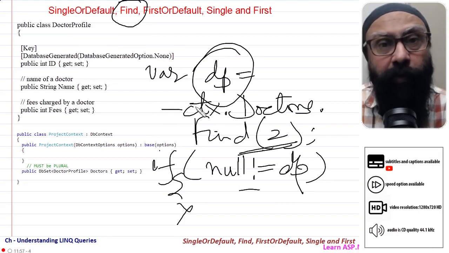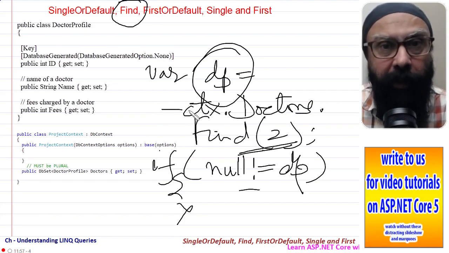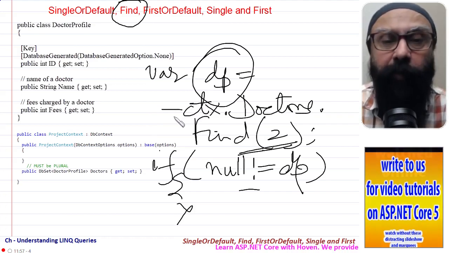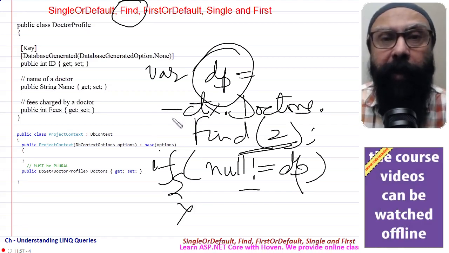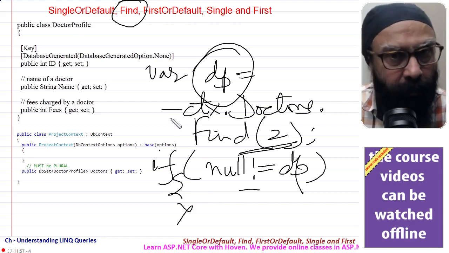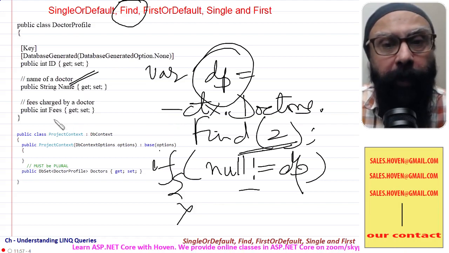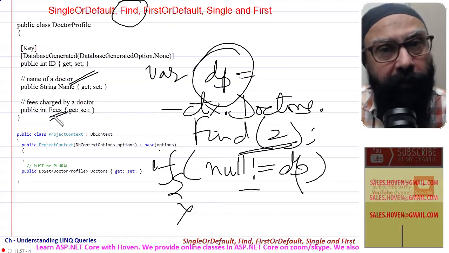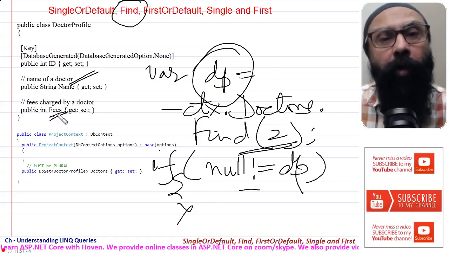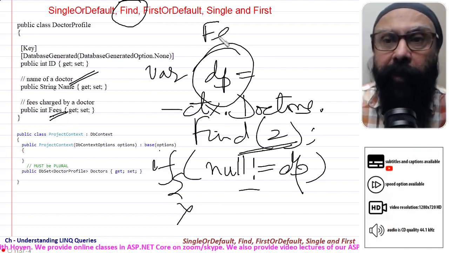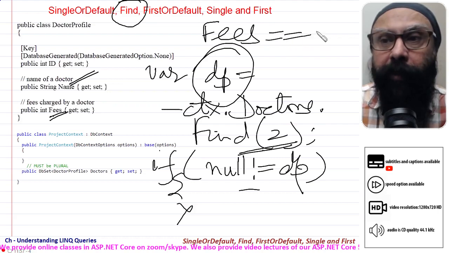This function works only if you have the primary key and want to search by primary key. But many times you have an indexed property also. Let us say we have an index on Name, or an index on Fees, and we want to search for that particular doctor whose fees is exactly equal to, let us say, 300.